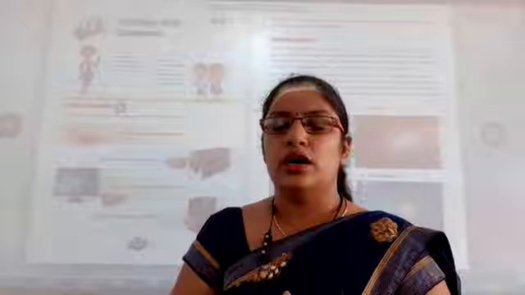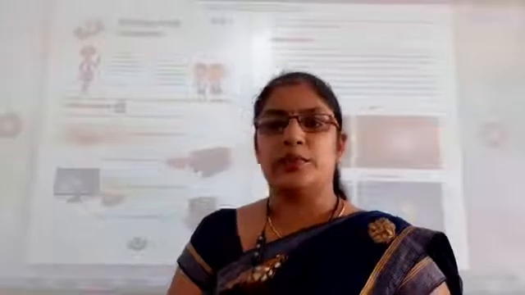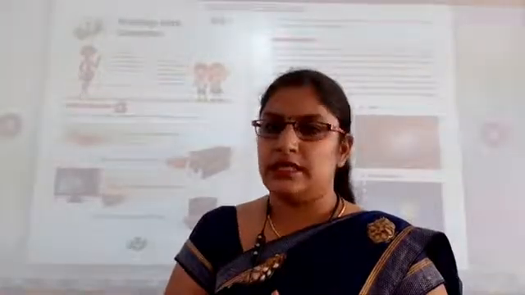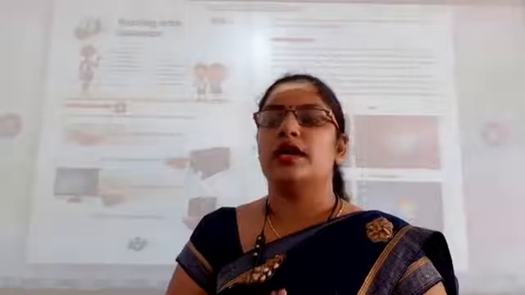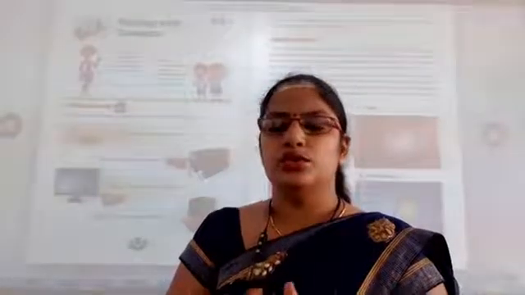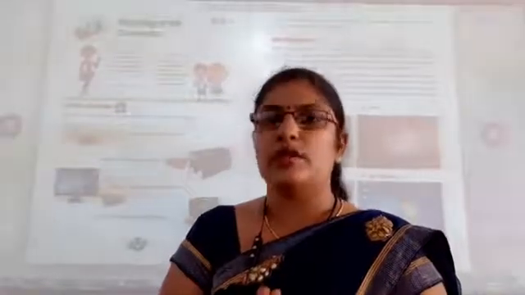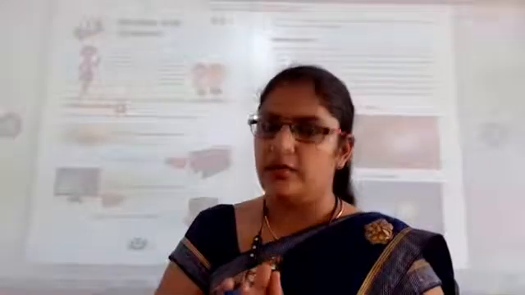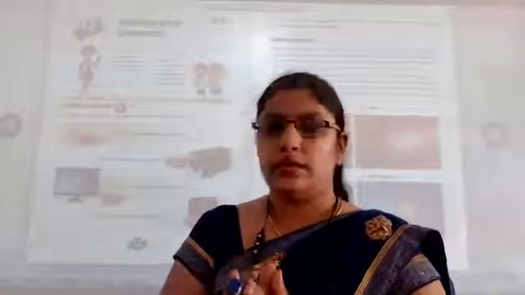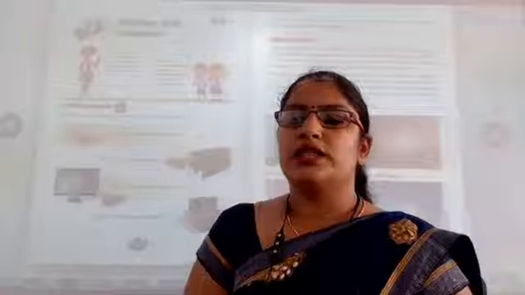Okay, now let's revise what is an operating system. Operating system is a software that helps to operate all the parts of the computer and make them work together. Now let's revise how we can start a computer. Starting a computer. To switch on a computer, we need to follow these steps.